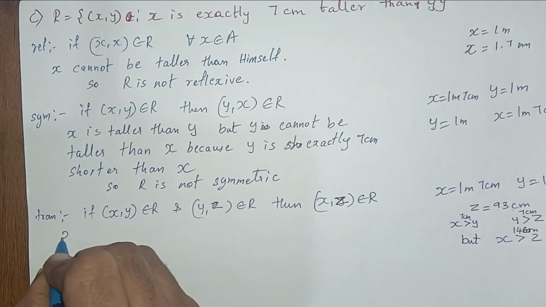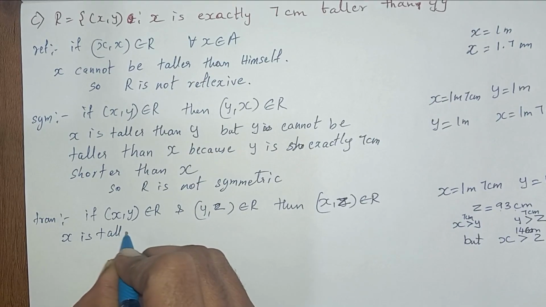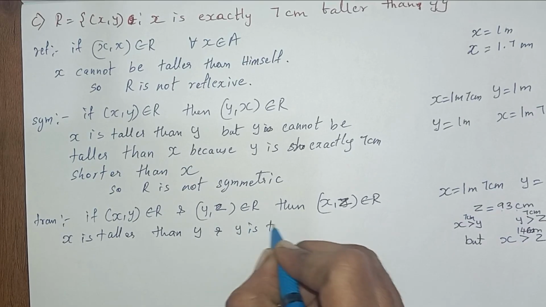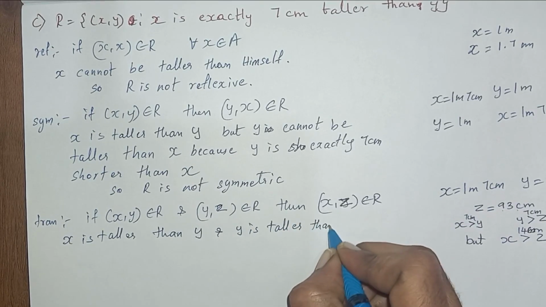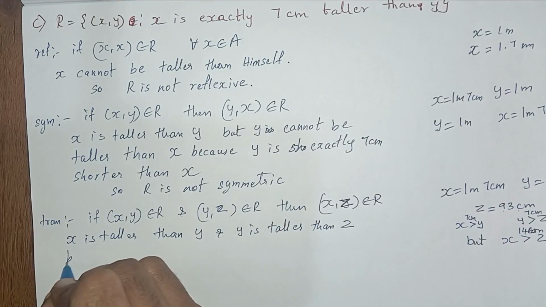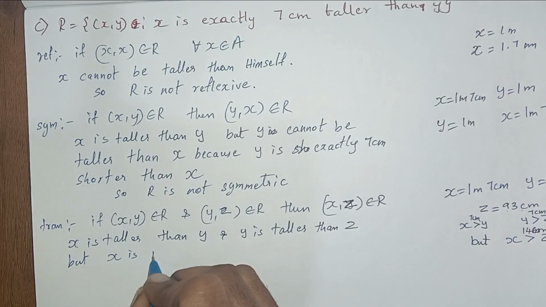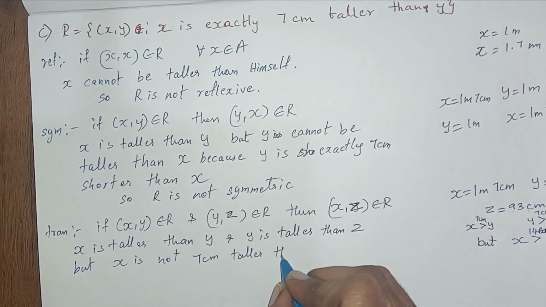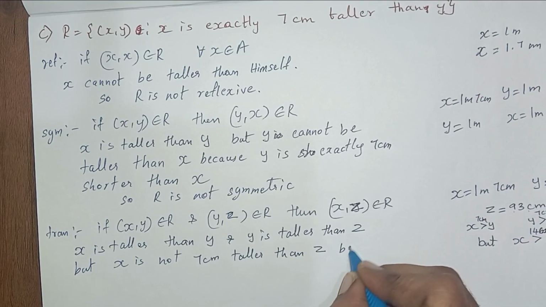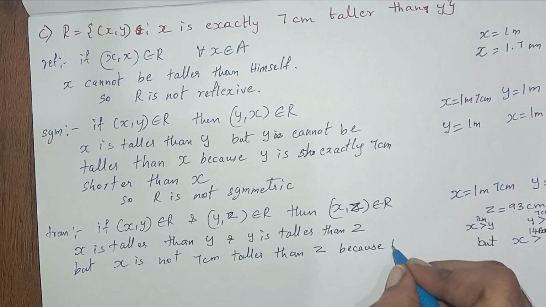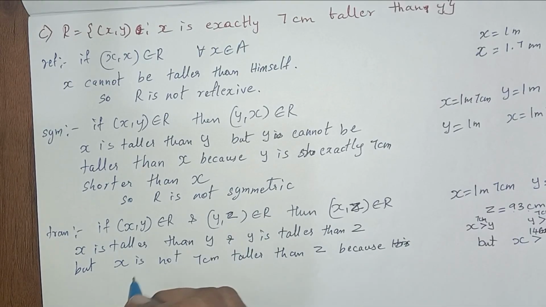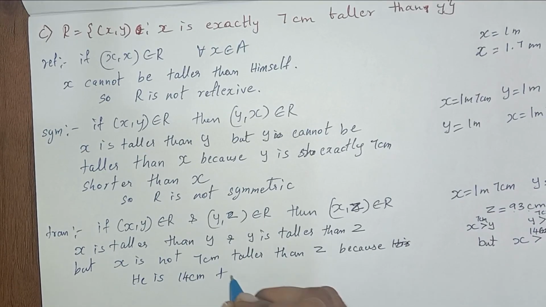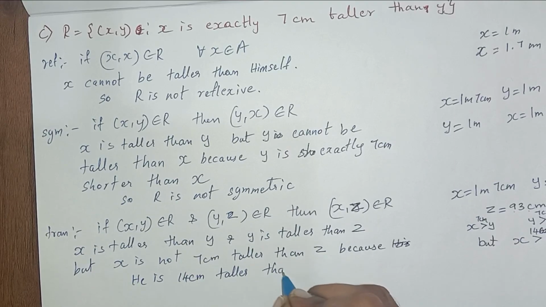So here we'll write: when x is taller than y and y is taller than z, but x is not 7 centimeters taller than z, because he is 14 centimeters taller than z.